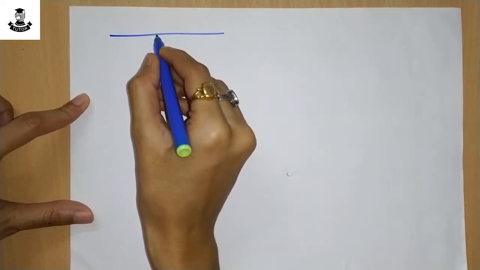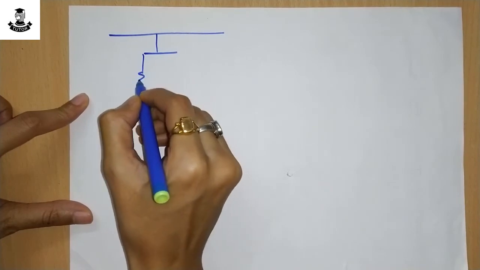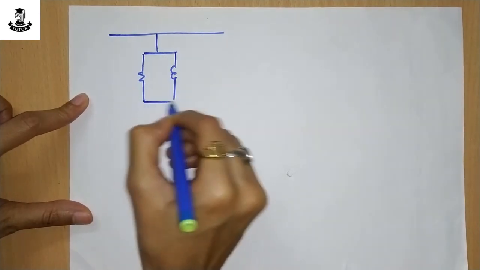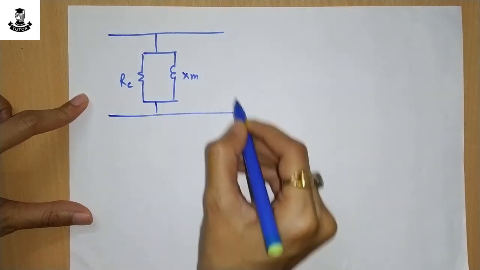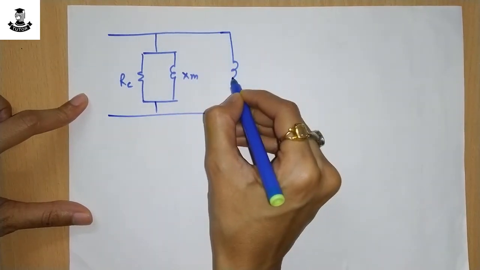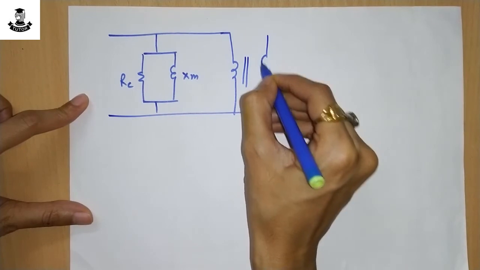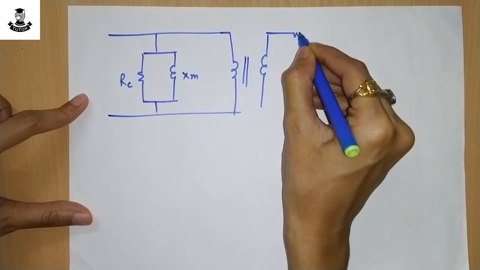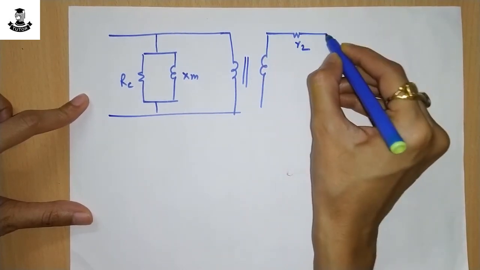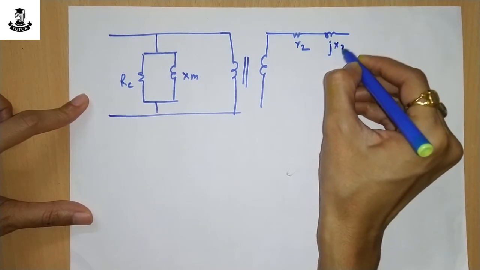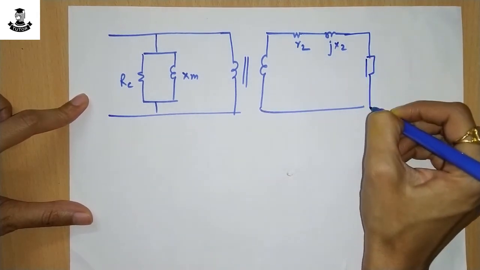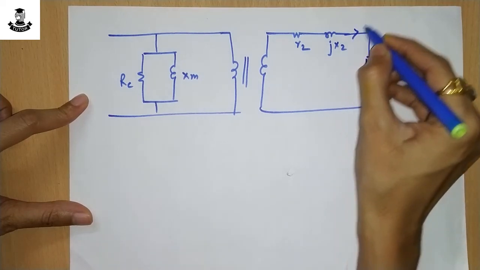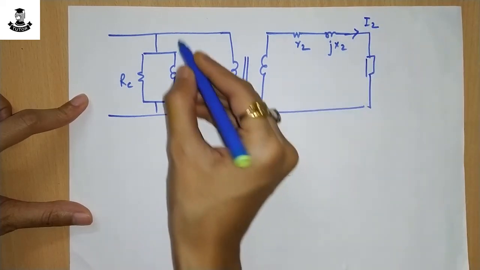On the primary side, we are having no load branch, RC, XM. This is primary side, this is secondary side. On the secondary side we are having resistance R2, jX2, load, this is I2.